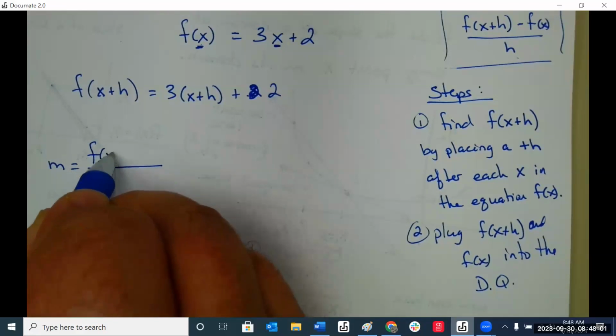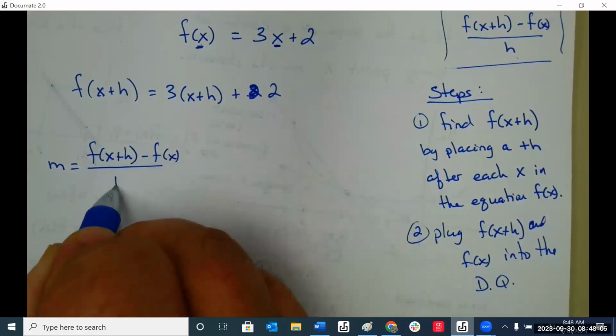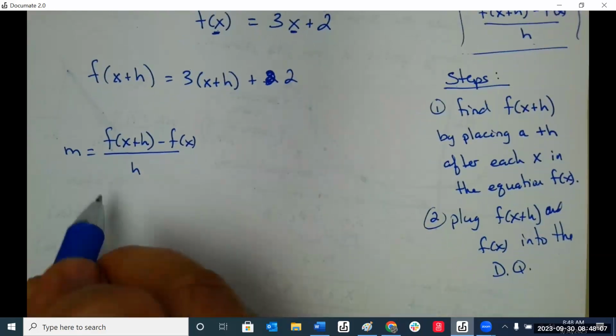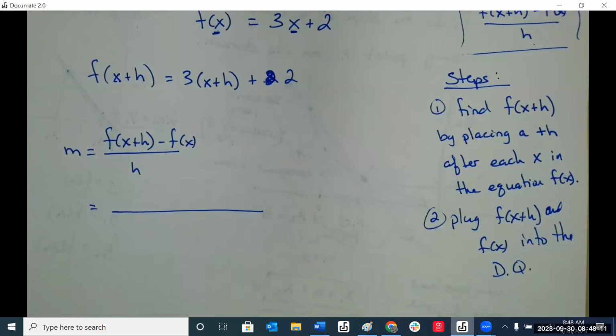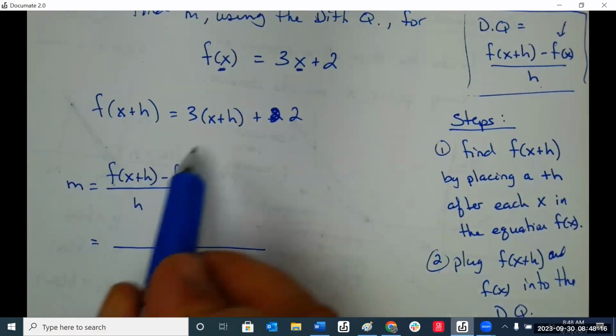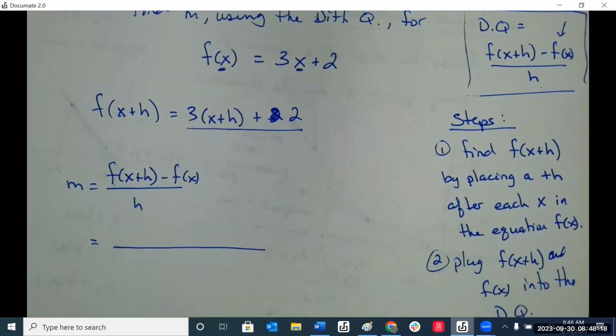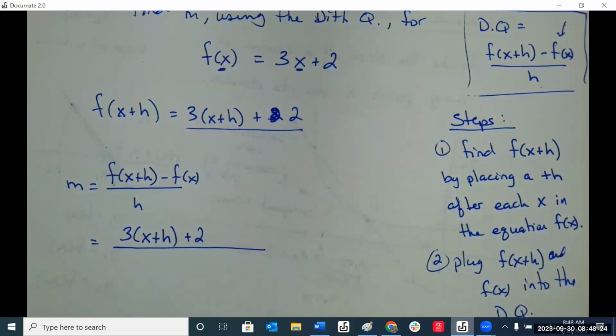The formula is f of x plus h minus f of x. So what is f of x plus h? This whole big thing: 3 times x plus h, plus 2.